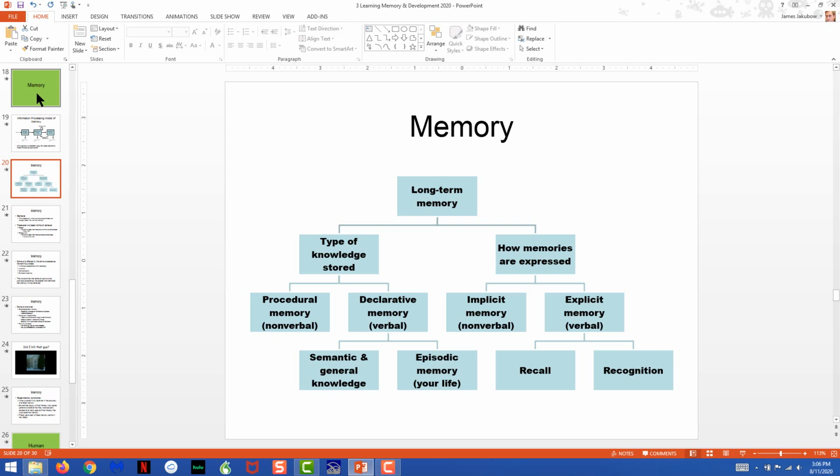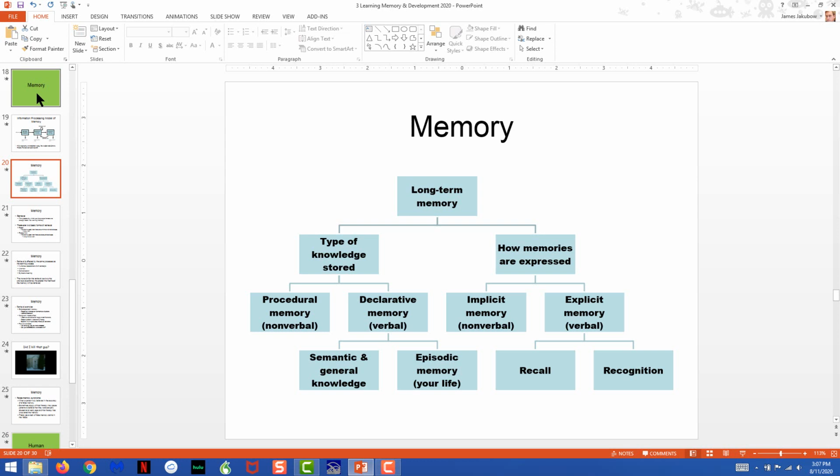And then episodic memory is essentially your memories of life events from your own point of view. So hypothetically, as if you had taped a GoPro to your forehead and recorded your entire day's activities. That is episodic memory. If we move over to how memories get expressed, which I mentioned is largely related to the output pathways, you'll see that there's implicit memory, nonverbal, and explicit memory, verbal.